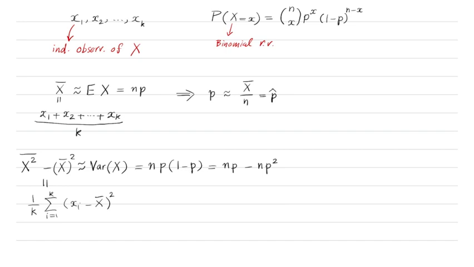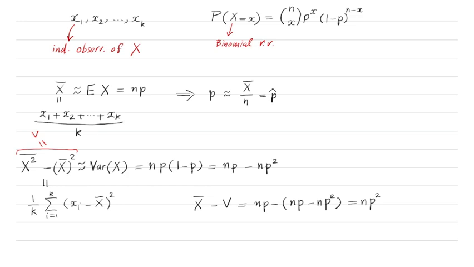Now, if we subtract this from x bar, let me just call this whole expression v, that's the variance of observations, then x bar minus v is just np minus np squared, which is np squared.